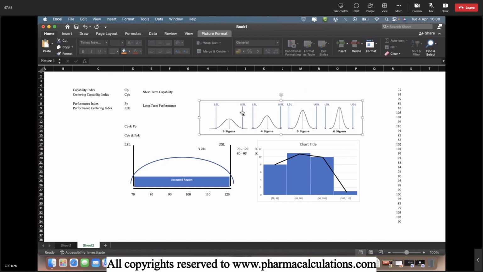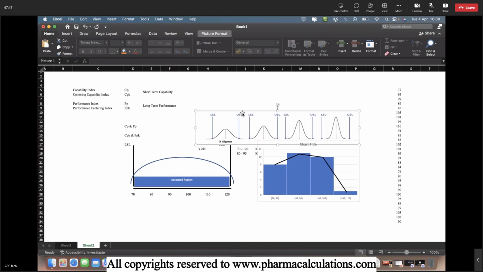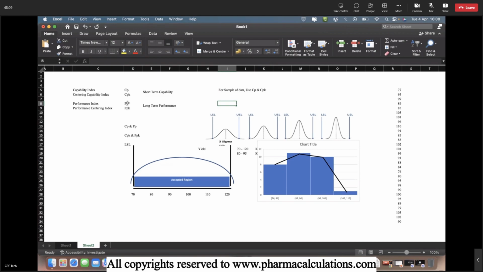Whenever you want to comment on the process capability depending upon the sample of data that you have collected, then you should use CP and CPK. But for population data, use PP and PPK. This is for the sample and this is for the population.